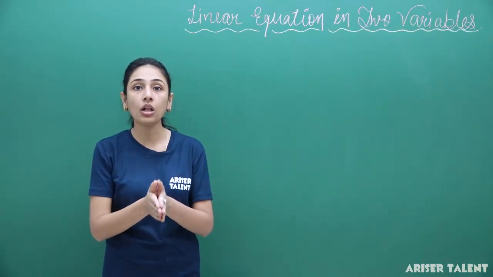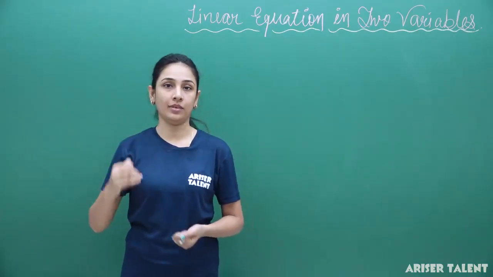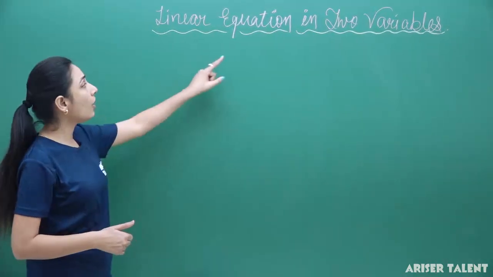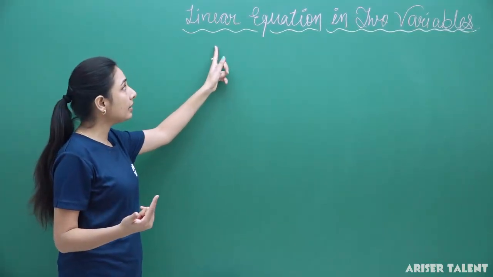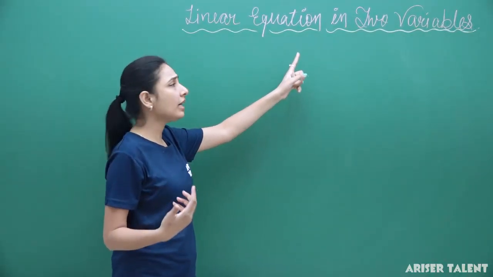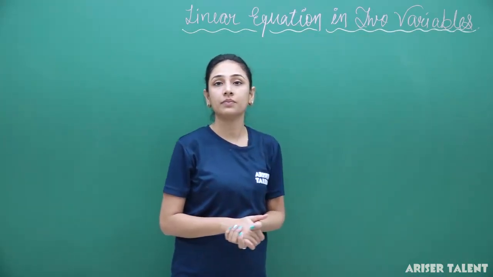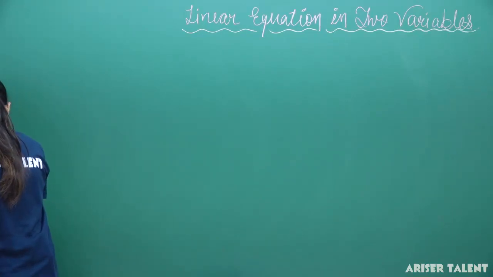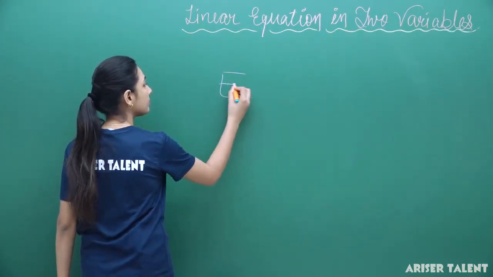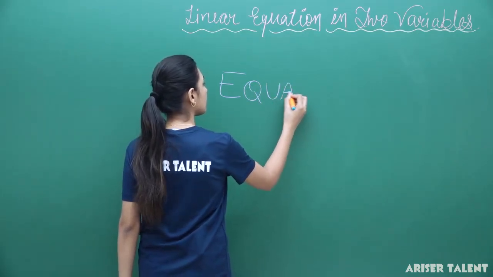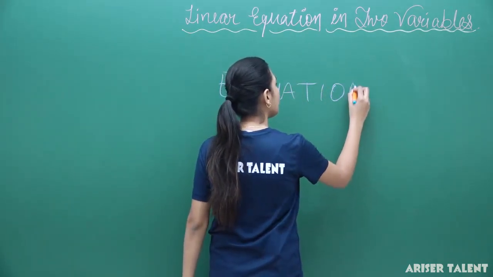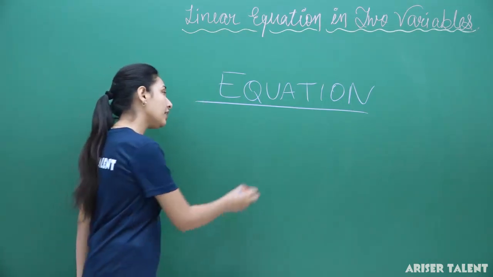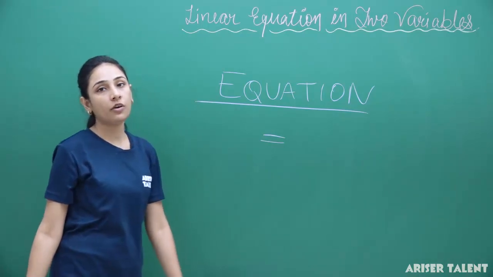So first of all, we will discuss the name. To understand the name, we have to know about the equation first, then the linear equation, and what it means by in two variables. So basically, what is an equation? Basically, we all know that we have this equal sign in our equation.